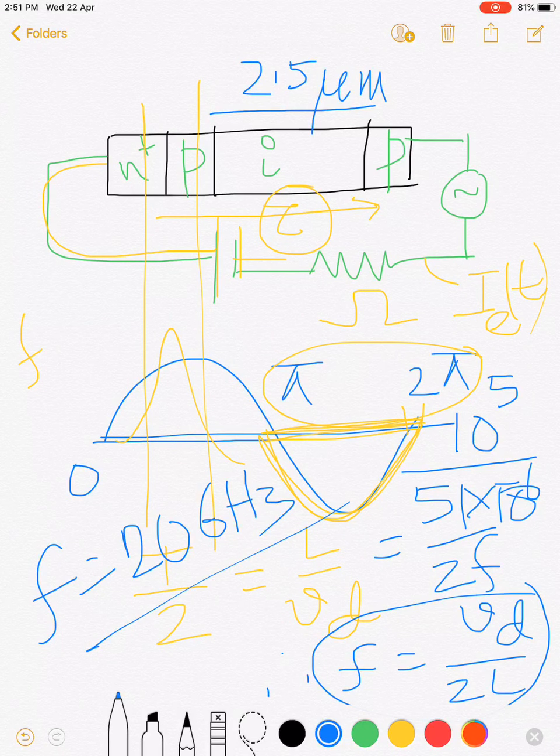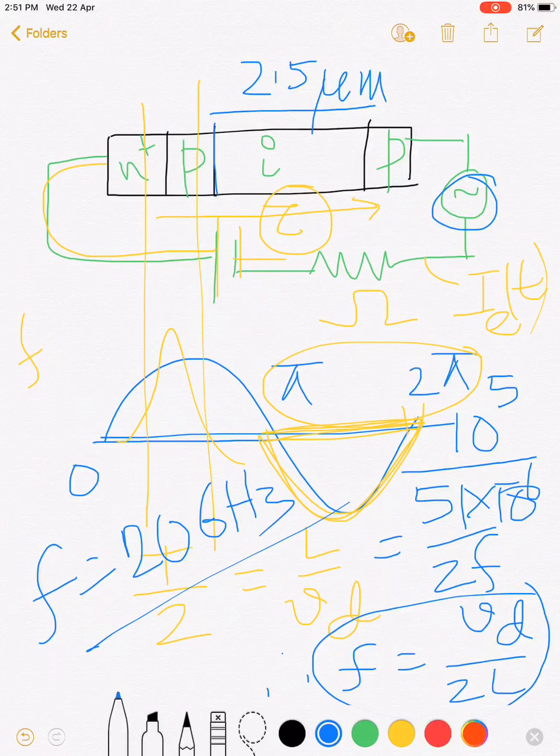So if we apply a 20 gigahertz signal over here, and this particular length is around 2.5 micron, then it will be a resonant circuit, and there will be an amplified microwave signal in the 20 gigahertz range.